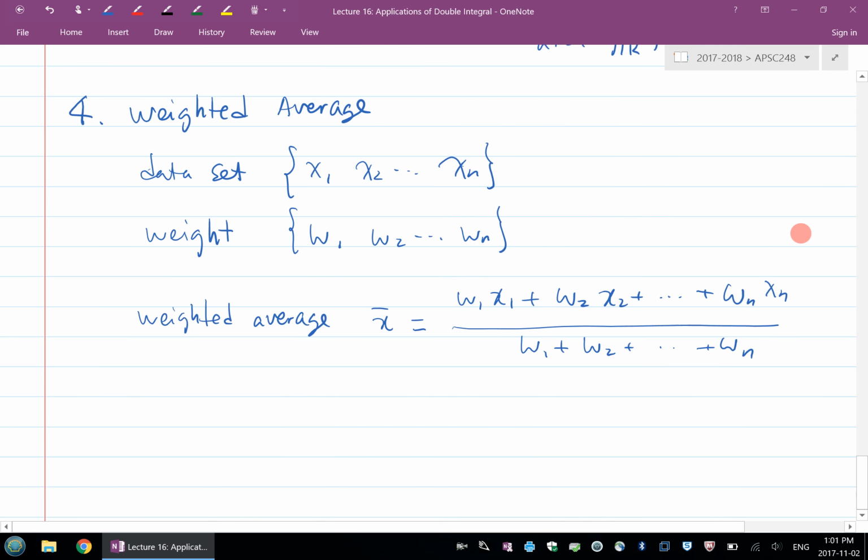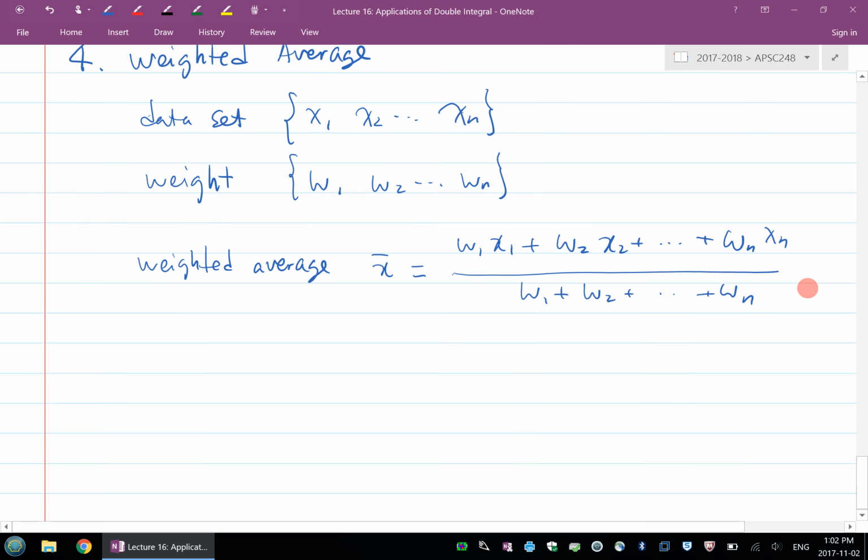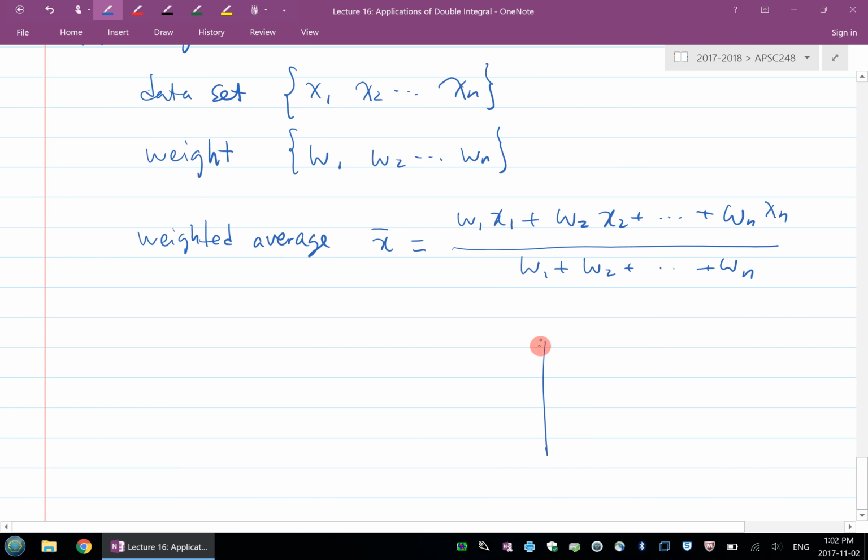So how is that going to relate to the double integral here? Now, let's say I have a region R here, and this region R represents some kind of thin plate, and this thin plate has a density distribution given by the delta function, delta x, y.